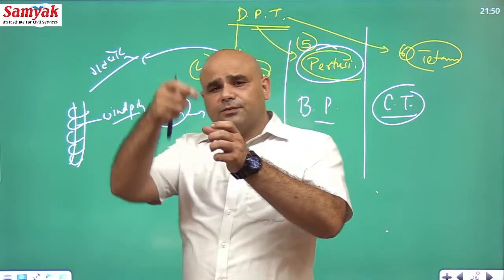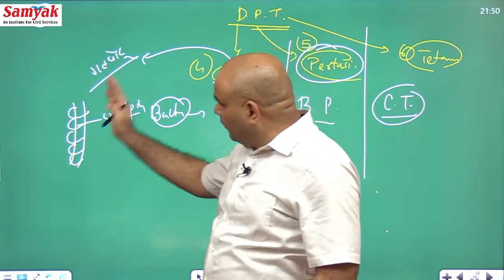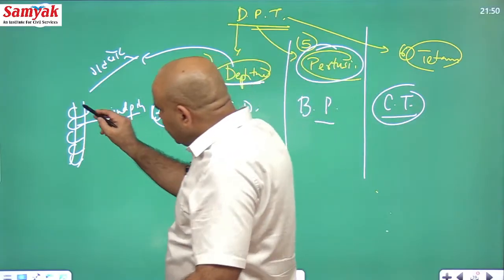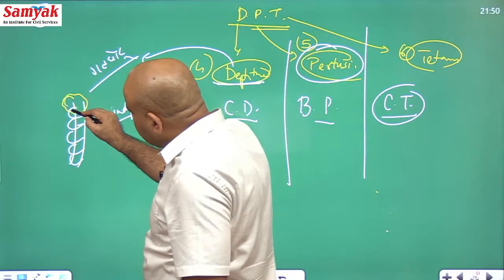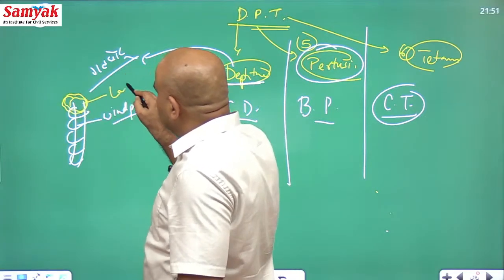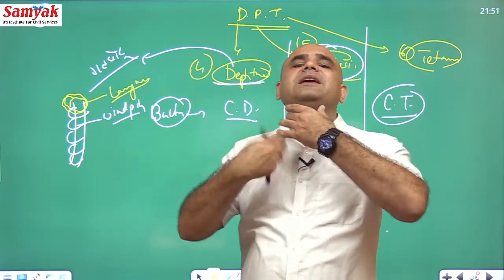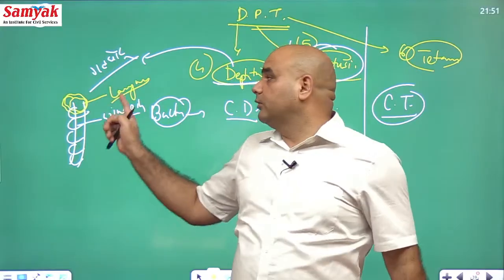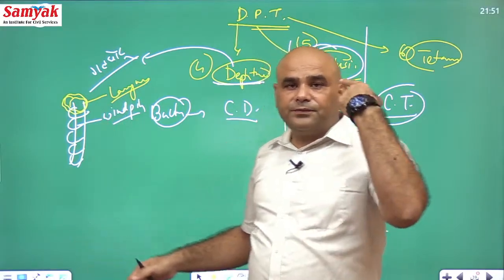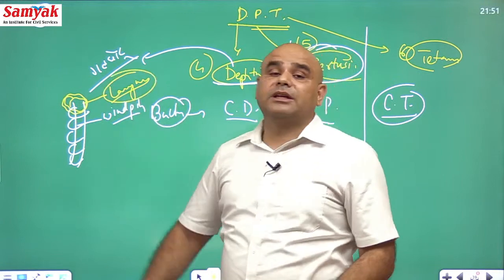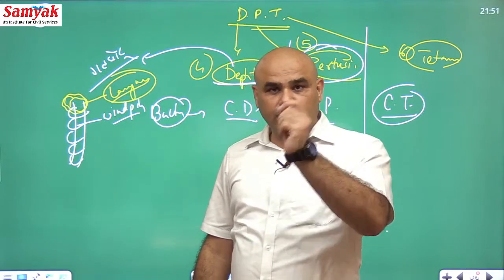Other than this, there is also a food pipe, but within the windpipe there is one organ, and this organ is your larynx. Larynx is your voice box. Whenever you speak, the voice comes out of the larynx. So diphtheria will cause inflammation in your larynx, your voice box.